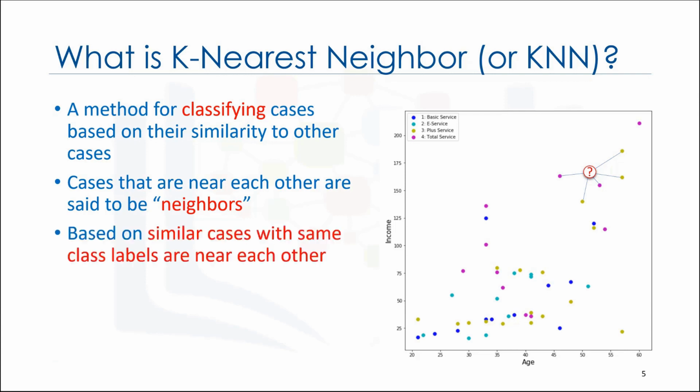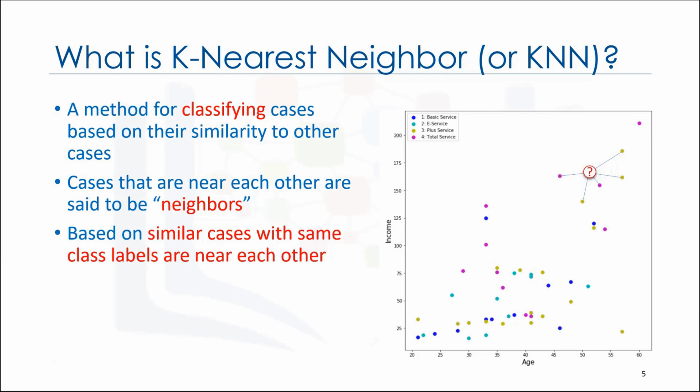K-Nearest Neighbors is based on this paradigm. Similar cases with the same class labels are near each other. Thus, the distance between 2 cases is a measure of their dissimilarity. There are different ways to calculate the similarity, or conversely, the distance or dissimilarity of 2 data points. For example, this can be done using Euclidean distance.